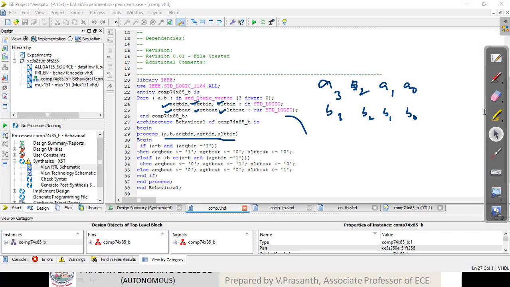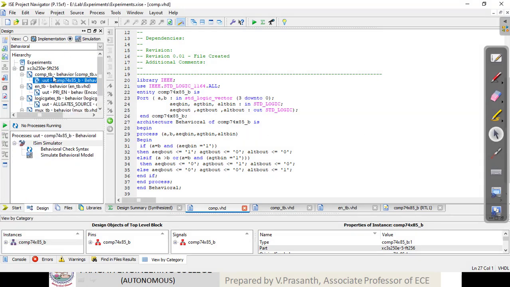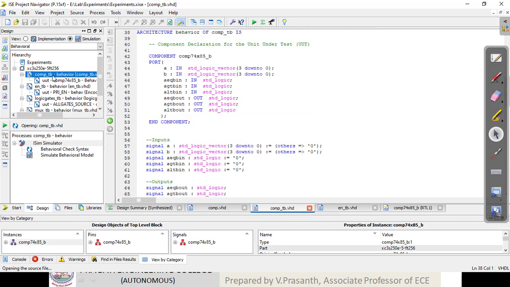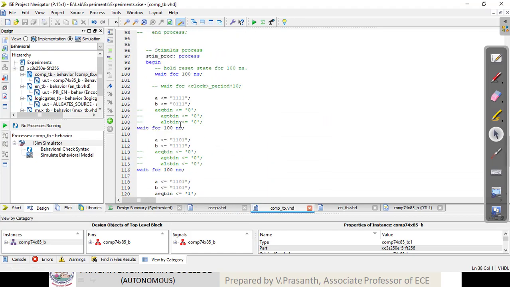Before this we have already written the test bench. In the test bench, first of all, I have written A as 15 and B as 7.